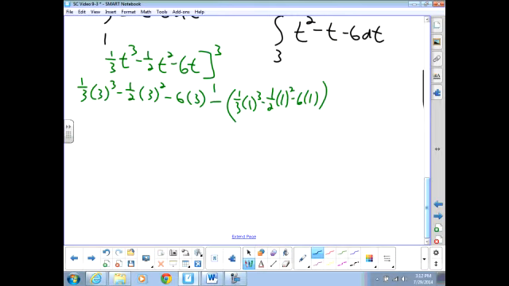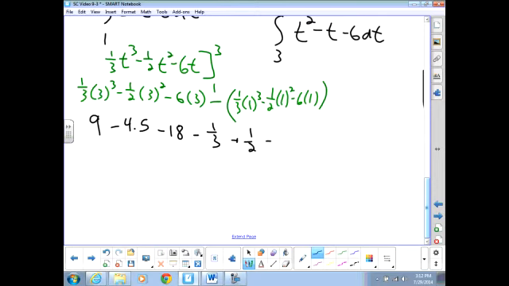Three to the third's 27. 27 over 3 will give us 9. 3 squared is 9 times the negative half will give us negative 4.5. And then we'll have a negative 18. Distribute your negative, you get negative 1/3. We'll get a plus 1/2.